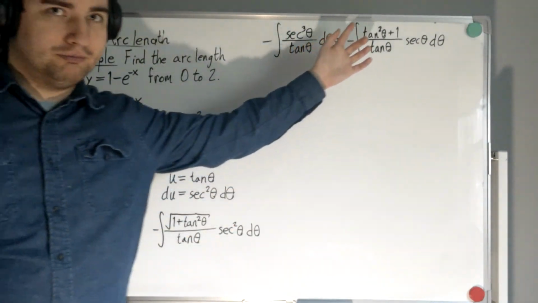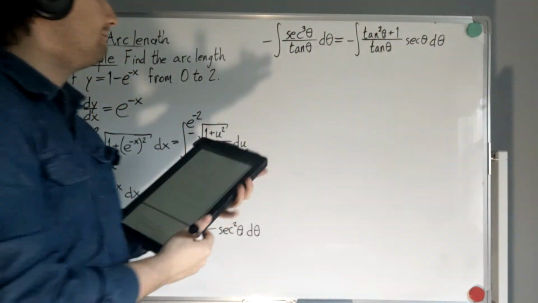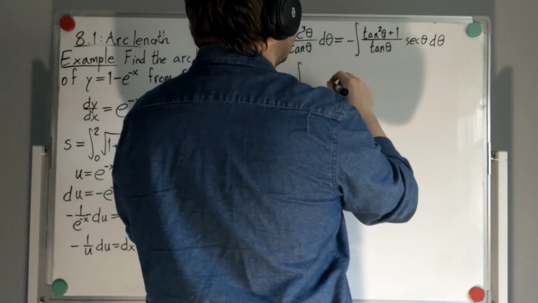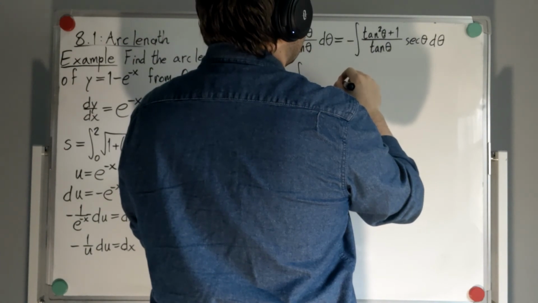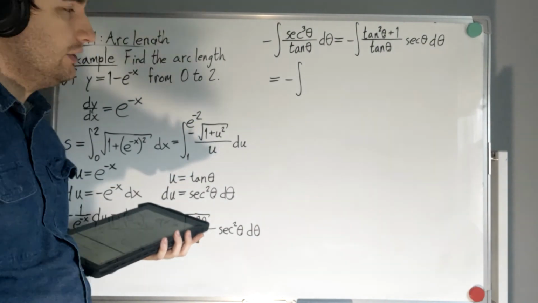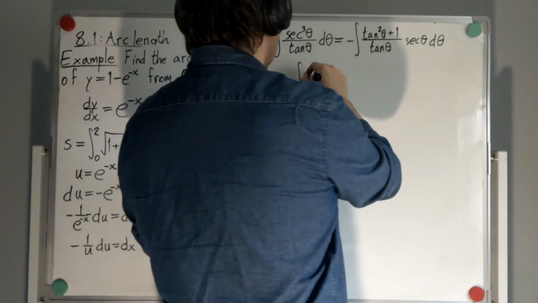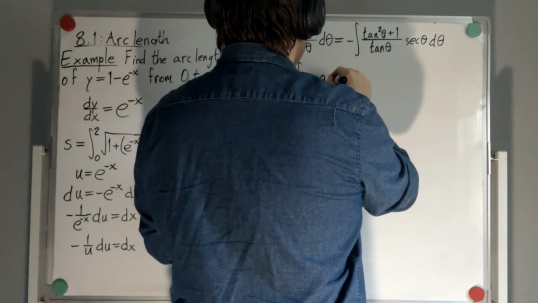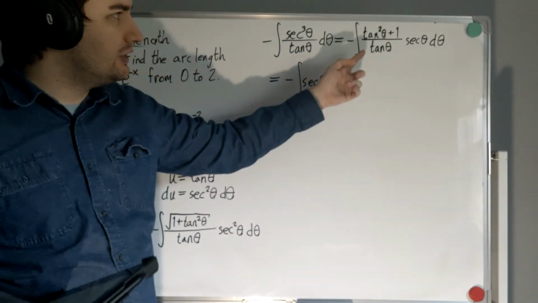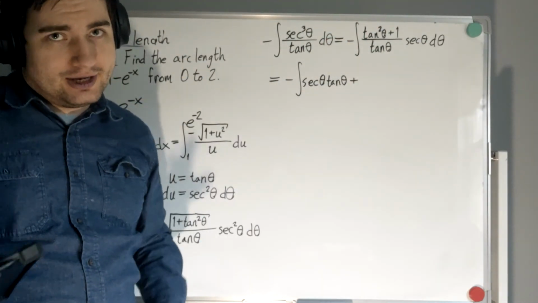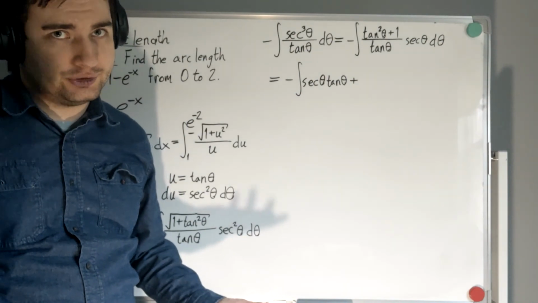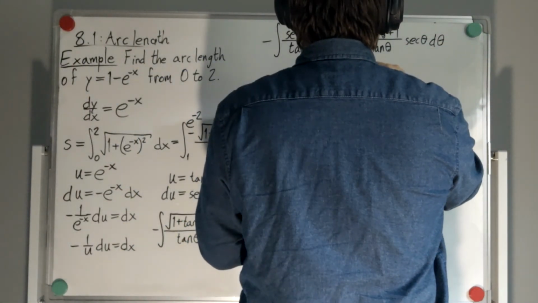Then you can divide both of these terms by tangent theta. Tangent squared theta divided by tangent theta is just tangent theta. You multiply by secant theta and then you get secant theta tangent theta. Then 1 over tangent theta times secant theta happens to be cosecant theta, which you can determine by splitting everything into sines and cosines.